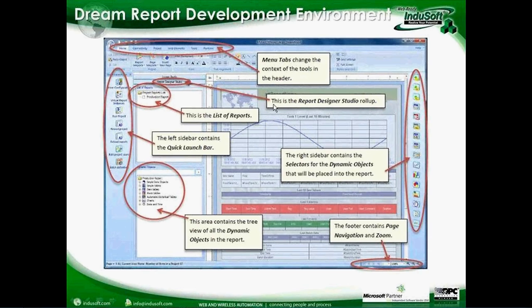All right, so Dream Report has come up off screen here. I have to do a step to get it to come back up on screen, so give me just a second here. Bear with me just a second.